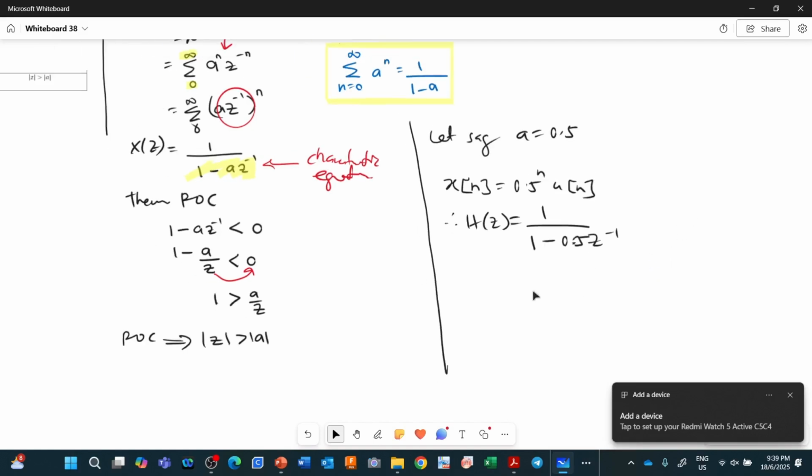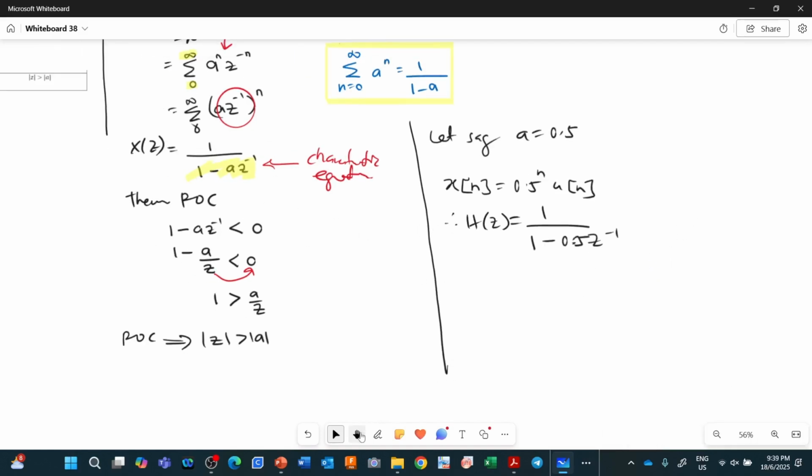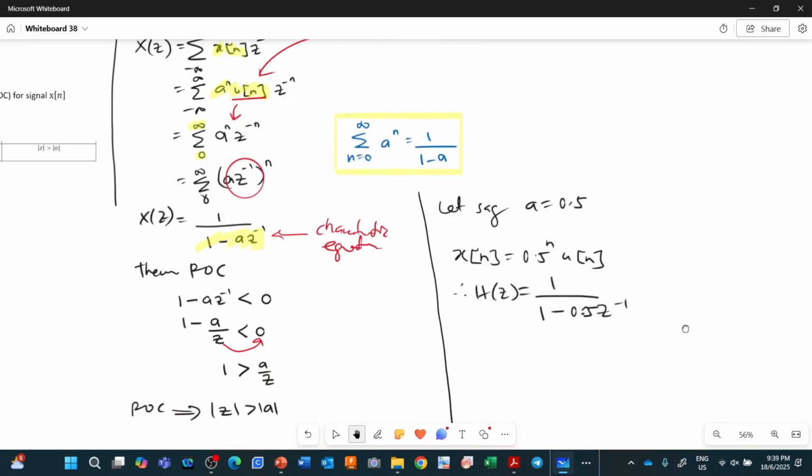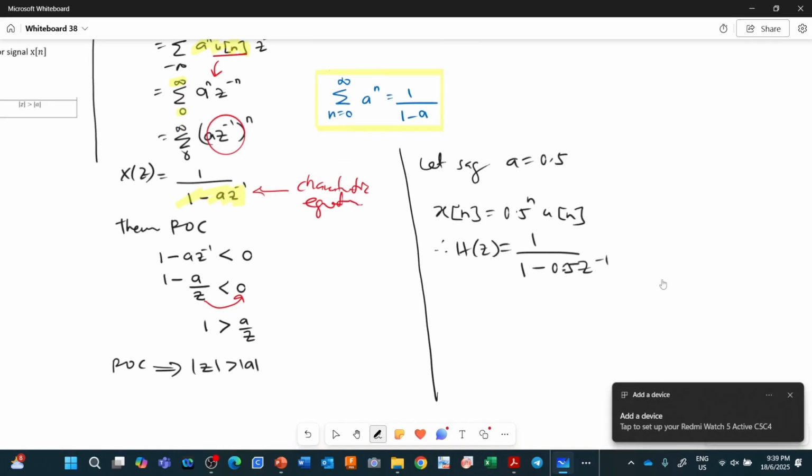Because from the equation above, a^n u[n], here you have 0.5. So basically this is the Z transform. You can actually substitute only the value of a: 1 over 1 minus a inverse z. So in the exercise later on, you're not going to derive it.